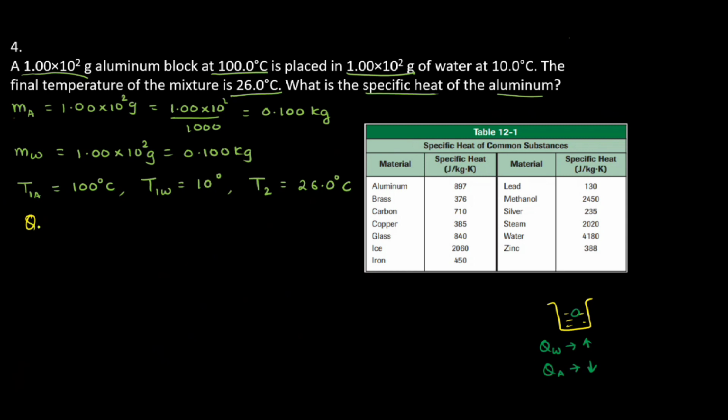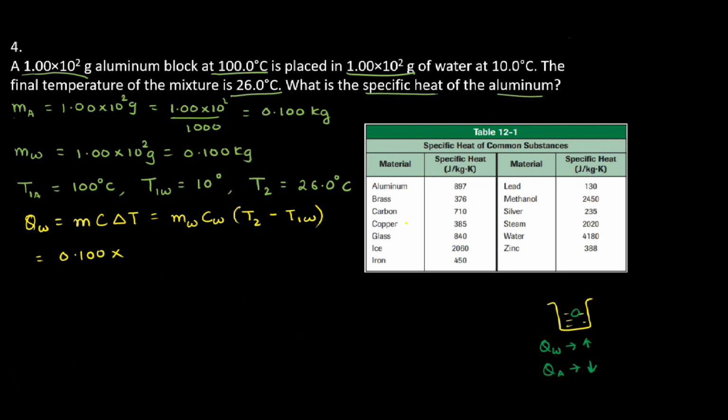I will call it Qw. We know thermal energy is mass times specific heat capacity times delta T. So mass of water, specific heat capacity of water, and delta T will be the final temperature minus the initial temperature of water. Let us substitute. Mass of water is 0.1 kilogram.